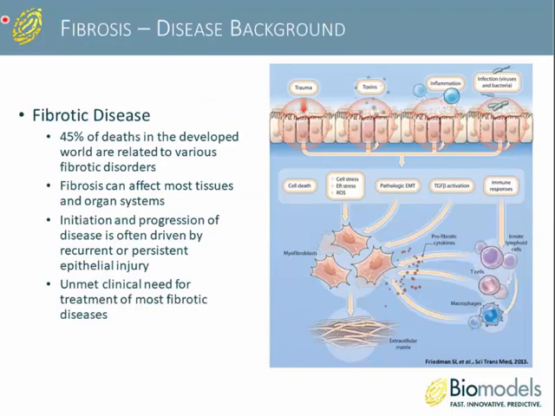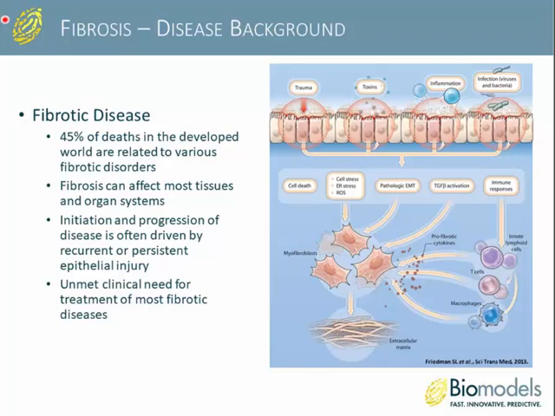So I'd first like to give some disease background on fibrosis. It is currently reported that about 45% of the deaths in the developed world are related to various fibrotic disorders. And fibrosis can affect many tissues and organ systems in the body and lead to organ failure.